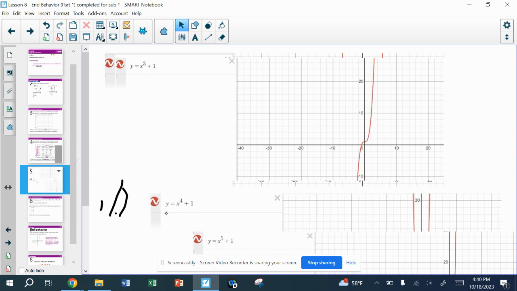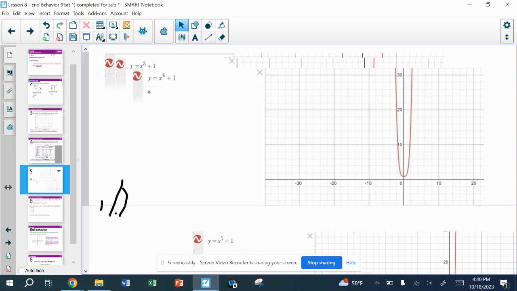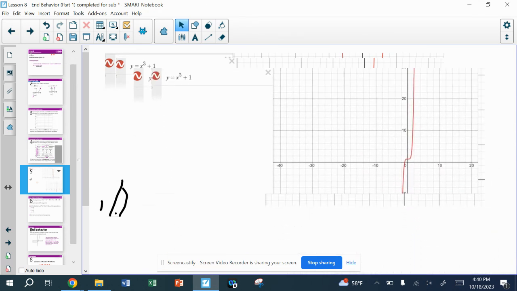The fourth degree looks very similar to the second degree. It kind of flattens out a little bit in the middle here, but it starts high, comes down, and then goes up high again. And then the fifth degree, very similar to the third degree. Starts low, slides over, again, kind of flattens out in the middle, and then goes up high again.